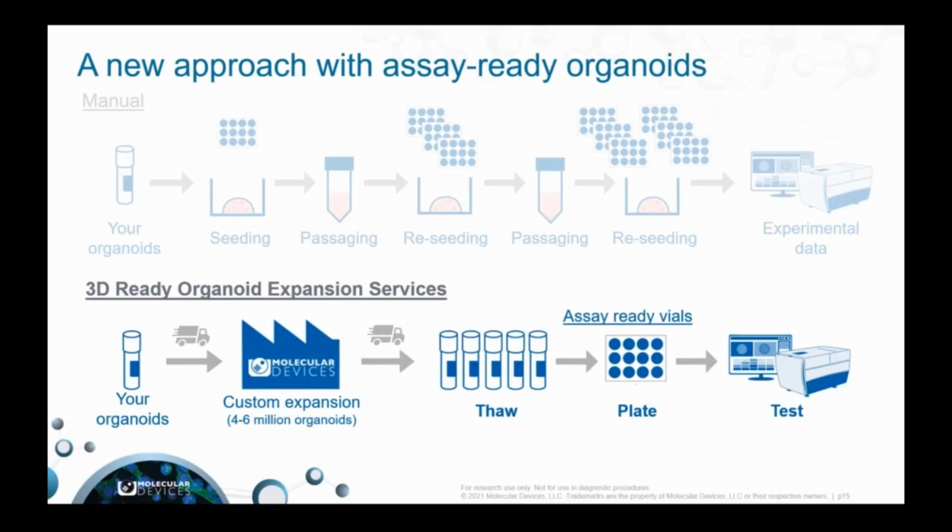So let's say you're working with 96 well plates and you're using maybe 100 to 200 organoids per well. This means that you can work with hundreds of plates of data that all originate from the same expansion batch. This means ultimately that you can have a stock of high quality, off-the-shelf organoids. Then when you're ready to begin your experiments, you can simply thaw them out, plate them, and get going without the need for any additional expansion.